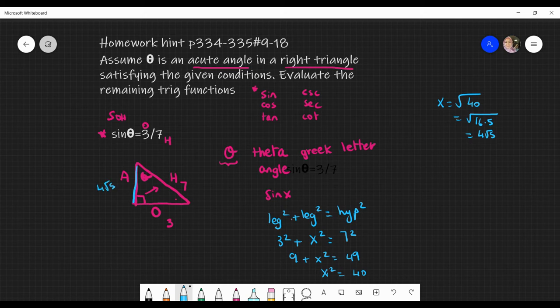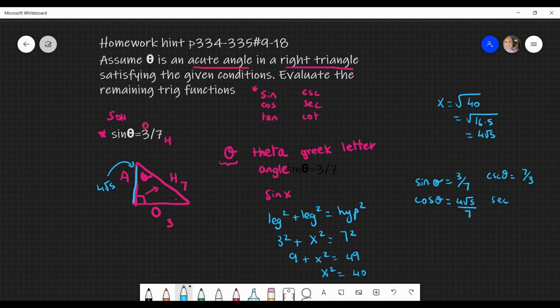And now that I have all 3 sides, it will be very easy to fill in all those missing trig functions. So the sine, we already have it. We don't need to redo it. The cosecant is just the reciprocal of the sine. We can find the cosine, which is adjacent, the side next to the angle, divided by hypotenuse.